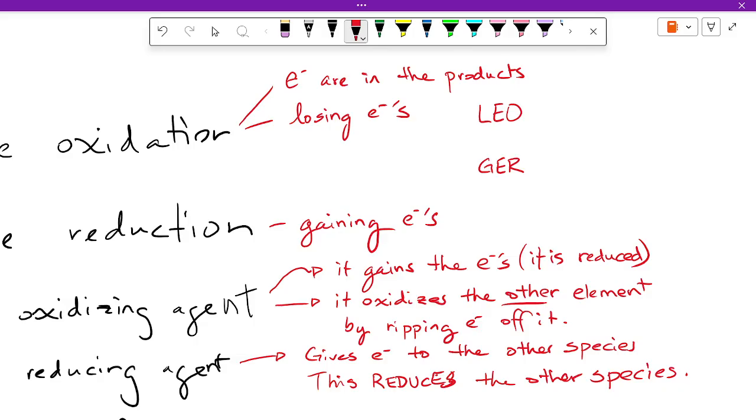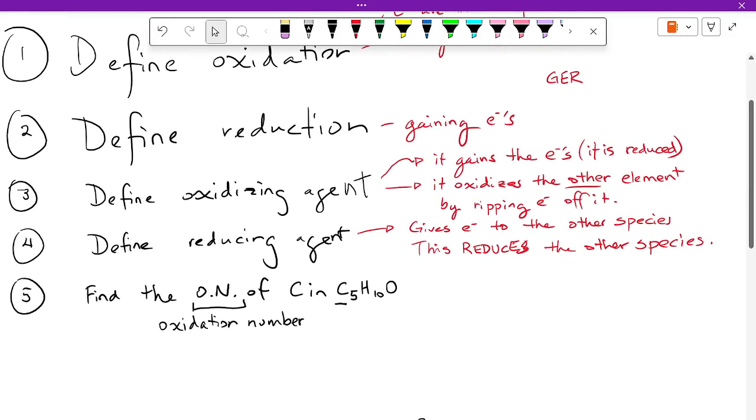So the oxidizing agent oxidizes the other guy. The reducing agent reduces the other guy. So what happens to the oxidizing agent is the reverse. The oxidizing agent gets reduced. The reducing agent gets oxidized. Little bit confusing, but if you think about it, it's okay.